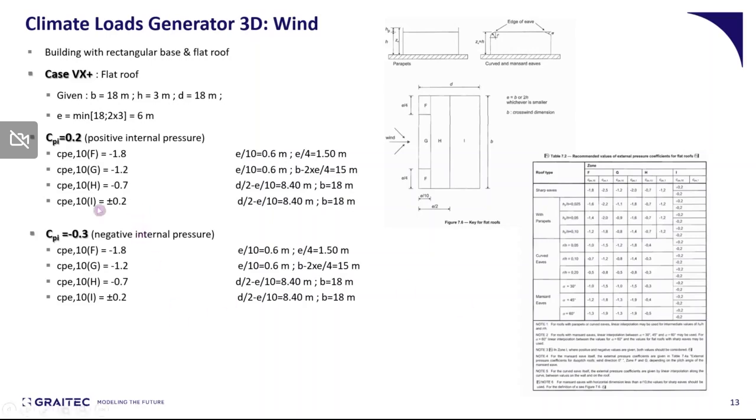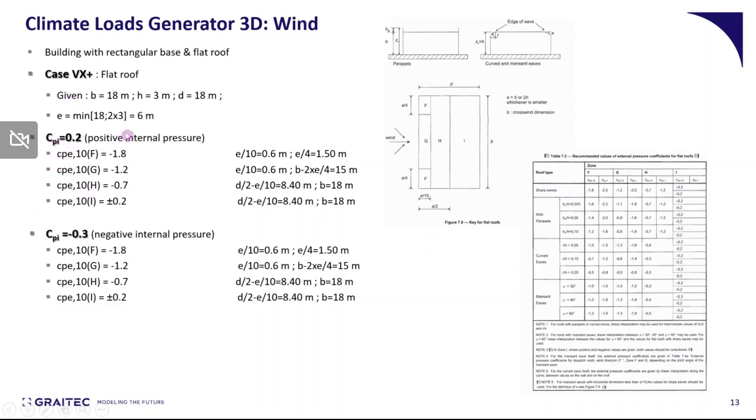One observation here is, as you can see, for zone I, there are 2 different values of CPE, which means that 4 different combinations need to be created. For example, I'm going through this one first.